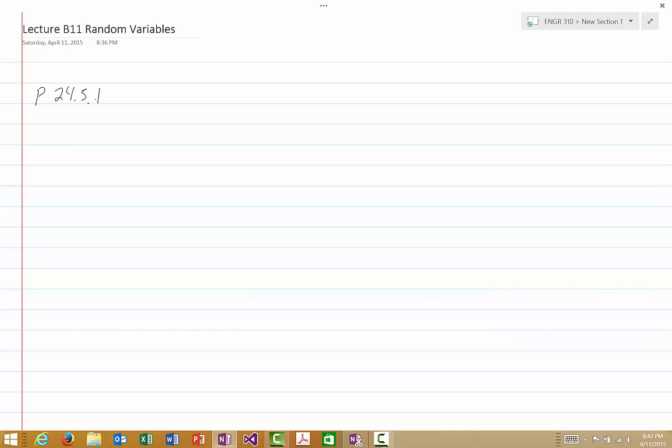It says graph the probability function f of x equals kx squared, and then in parentheses we're told that the permissible values for x are 1, 2, 3, 4, and 5, and it says k suitable.